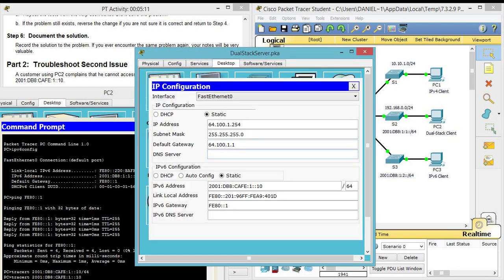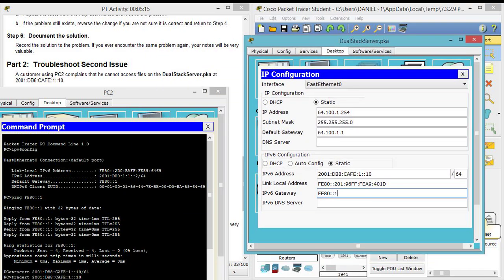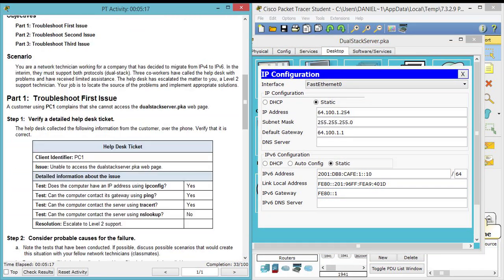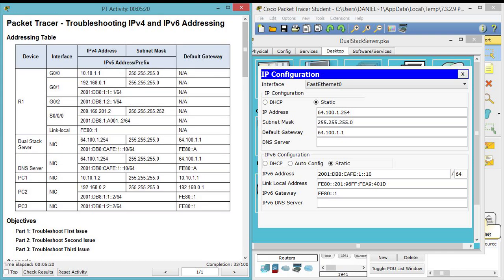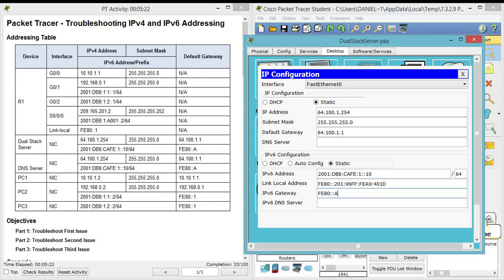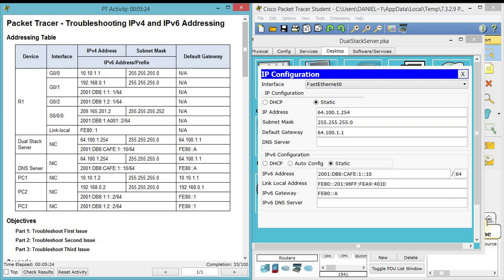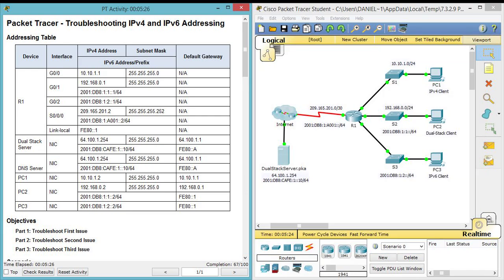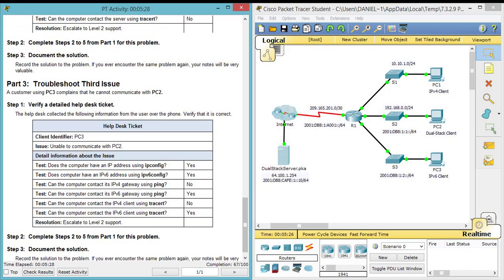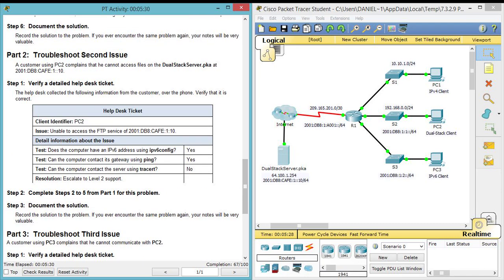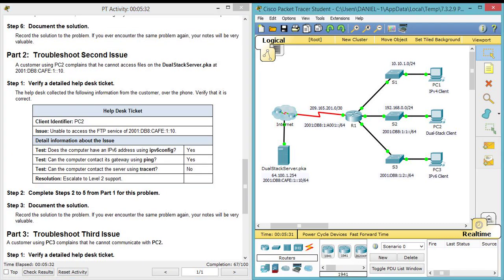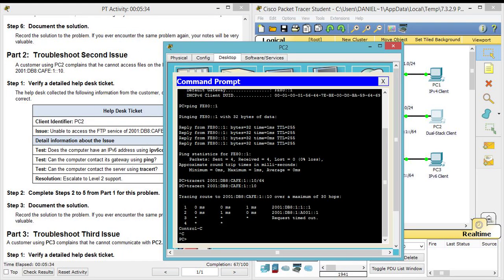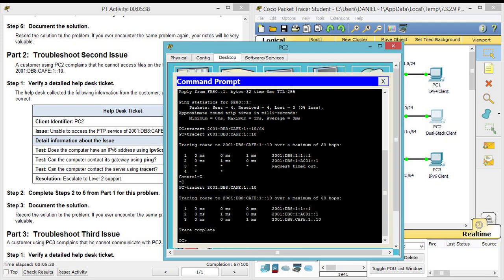So you can see that this default gateway here is configured incorrectly. This should be A. You can see right here. And now we should be able to tracert it. And yes, we can.